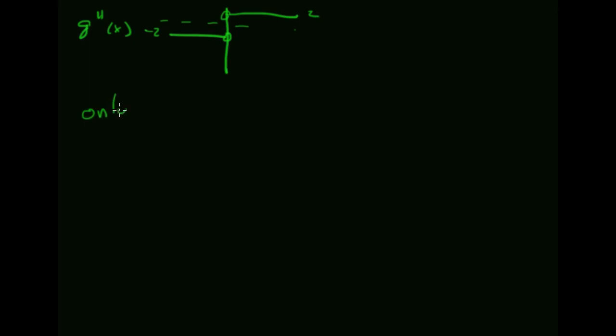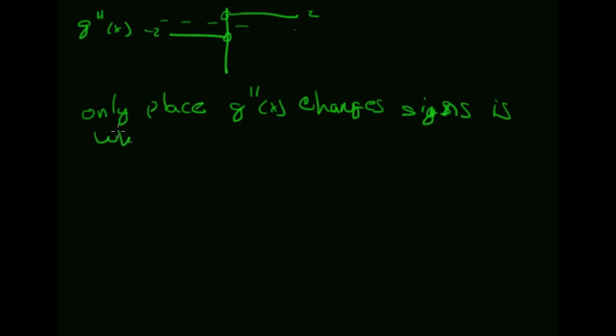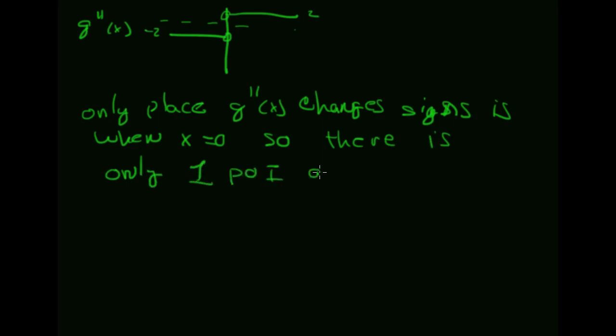The only place g double prime of x changes signs is when x is 0. So there is only one point of inflection, at x equals 0.